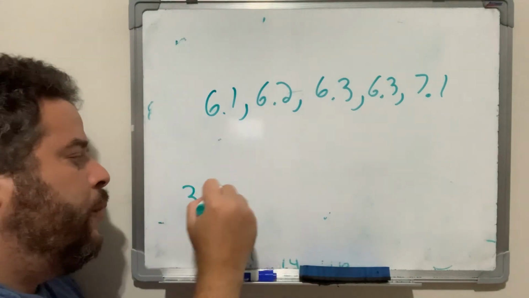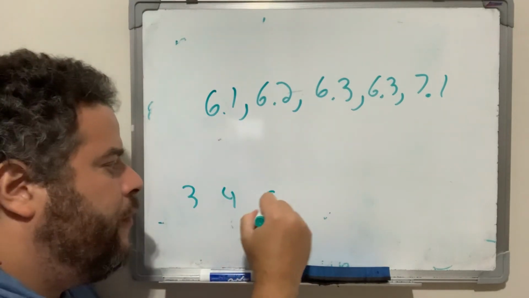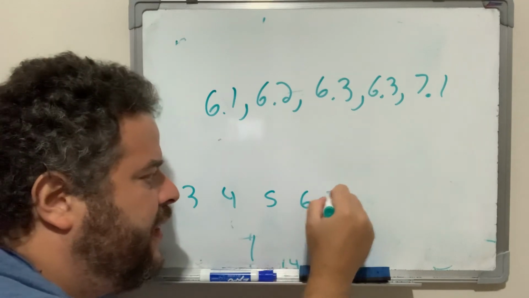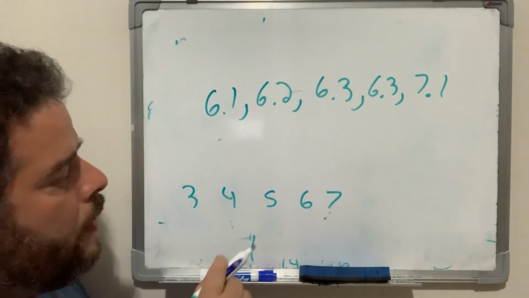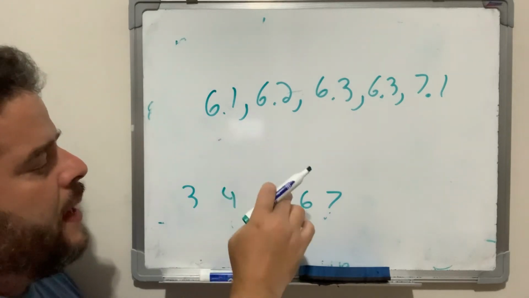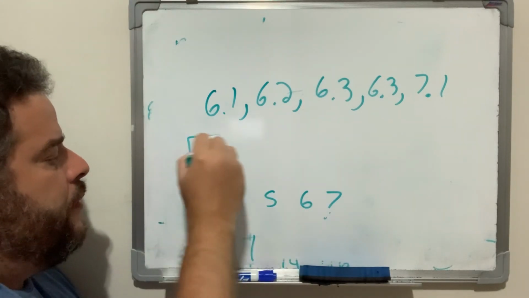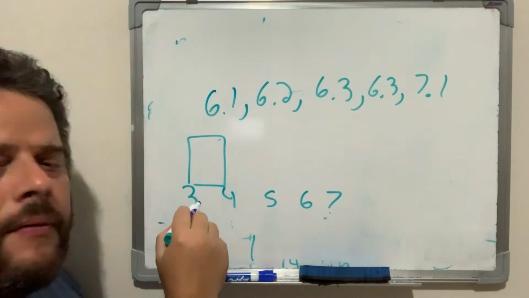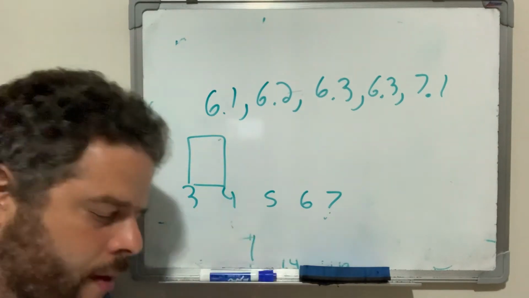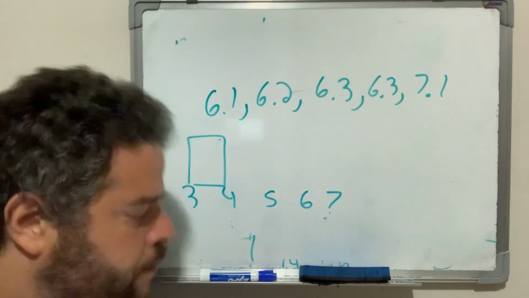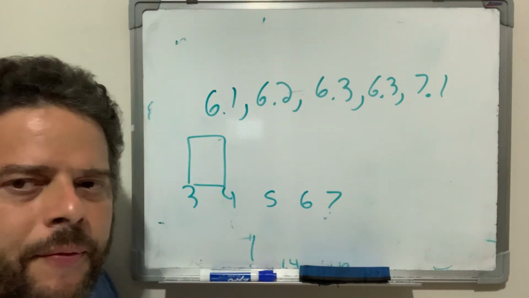You have a 3 to 4 interval, a 4 to 5, a 5 to 6, a 6 to 7. Note that the 3 to 4 would be values that are greater than 3 and less than 4, so be careful with those values right on the edge.